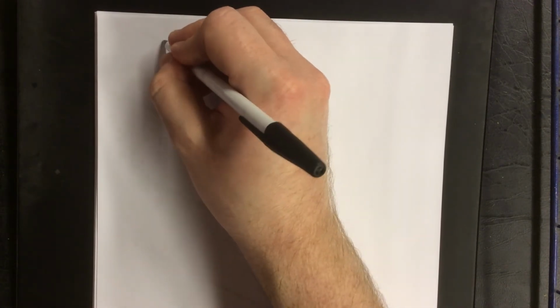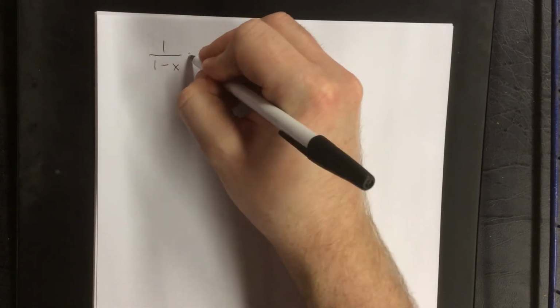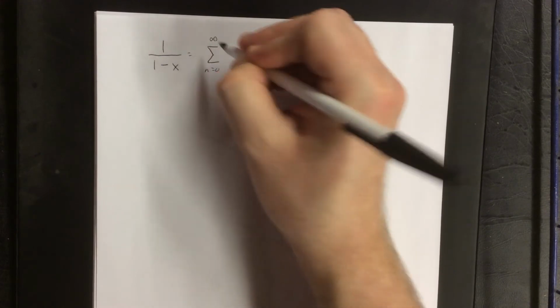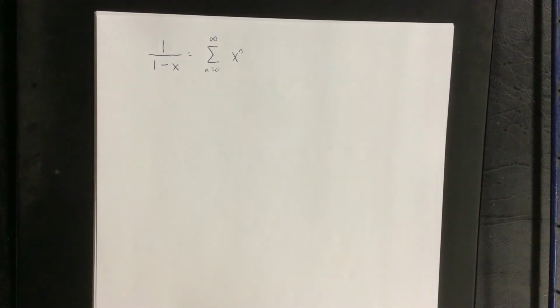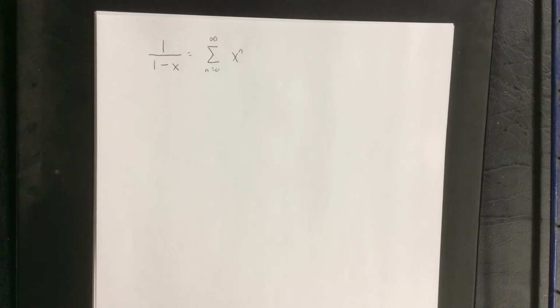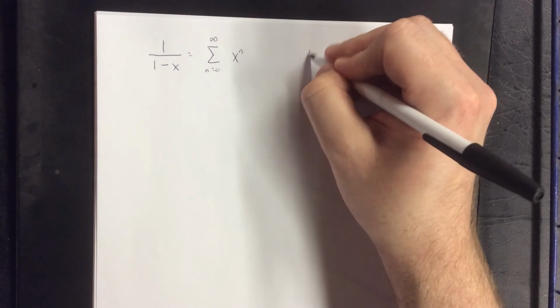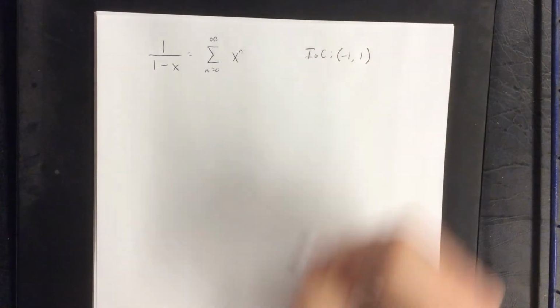So the first power series representation that we had was the following. 1 over 1 minus x was the sum from n equals 0 to infinity of x raised to the n power, simply our geometric series. Now with that in mind, the interval of convergence would simply be the open interval from -1 to +1.